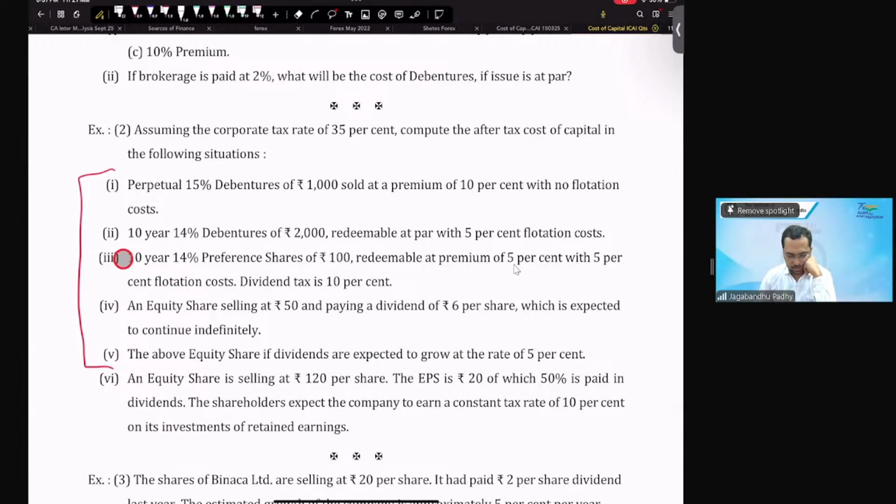Are we trying these questions? There are 6 questions. So this is perpetual, right? Then you have redeemable at par, 10-year later preference share, equity share with some amount of dividend growth, and so on. So try out these 6 questions, guys, quickly.